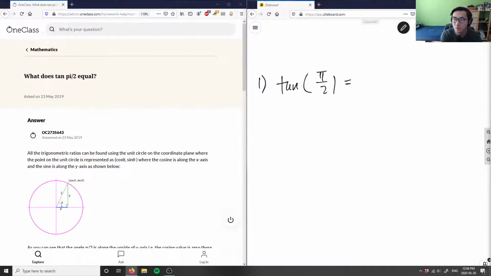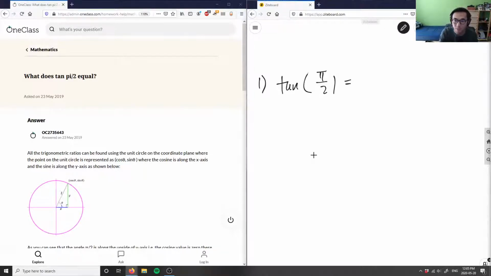You can use the unit circle, like what they did in this solution, or you can use special triangles. Because pi over 2 is indeed 90 degrees, we can use a triangle and figure out what the angles are.